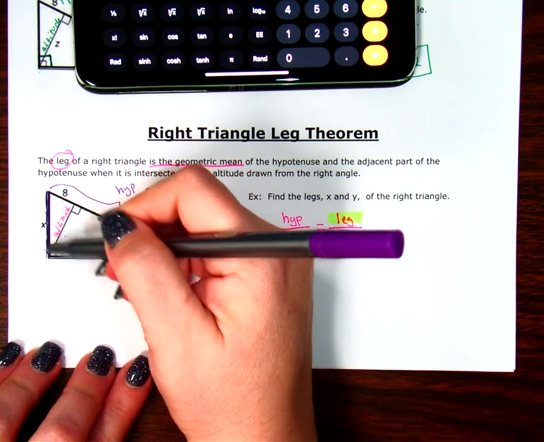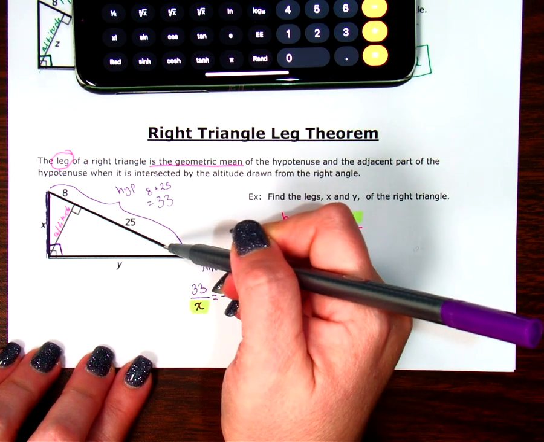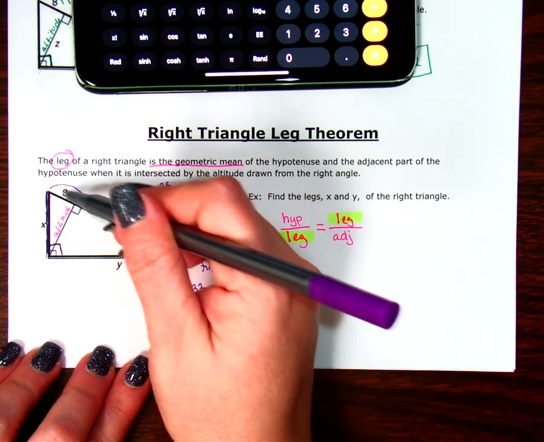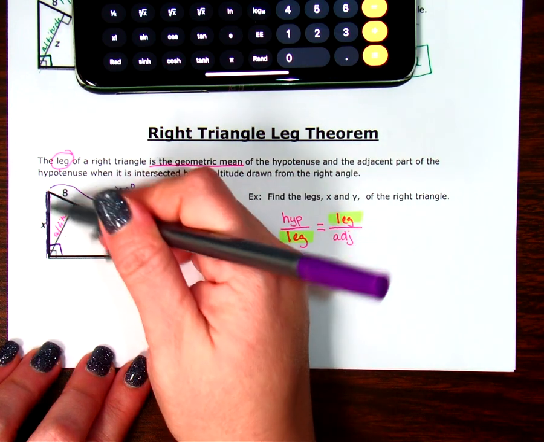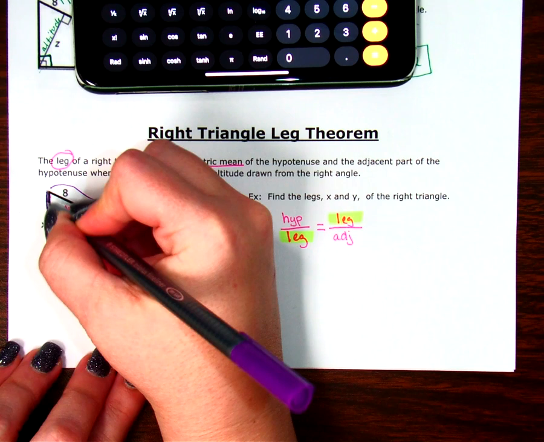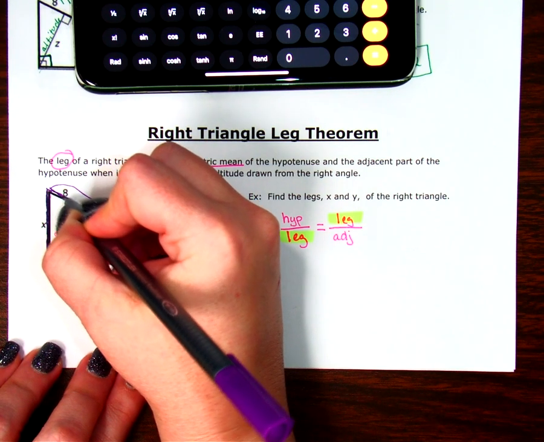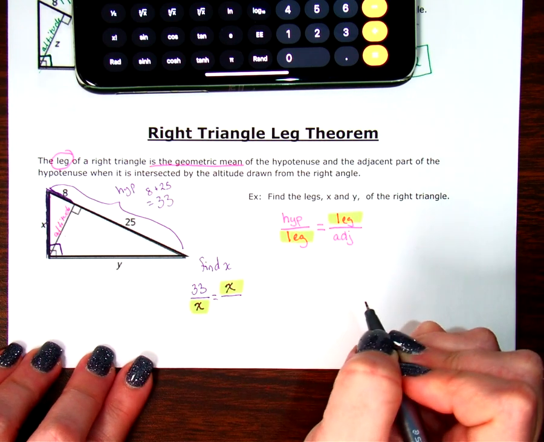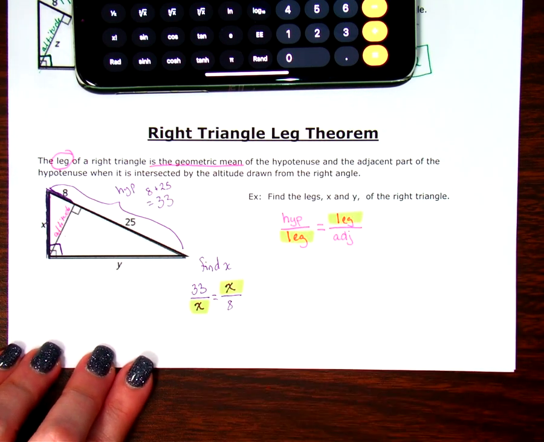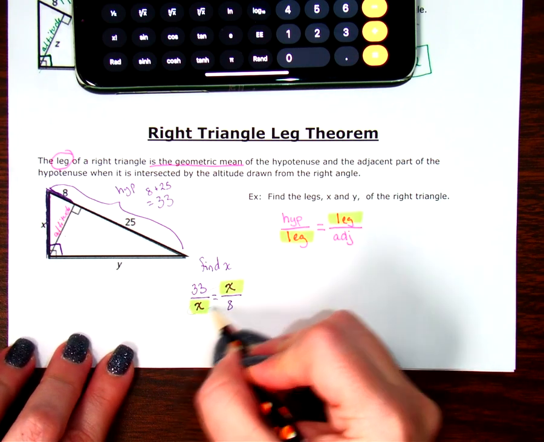It also says the adjacent part of the hypotenuse. So remember, my hypotenuse is divided into two parts. If I'm trying to find this leg, the adjacent part, the 8 and the 25, which one is next to this leg? Well, if I were to highlight this leg and then not pick up my pen and try to highlight the adjacent part, that adjacent part would be 8.